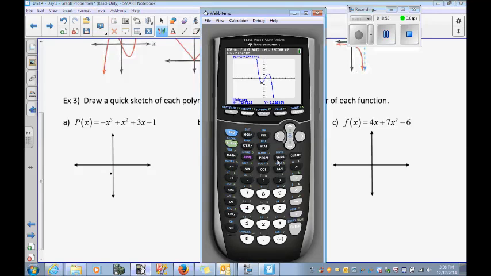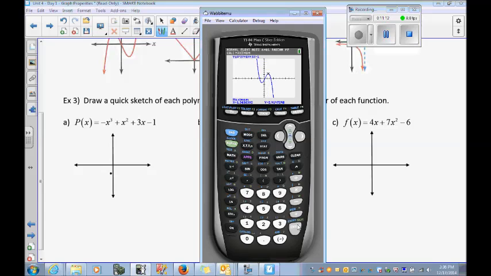Now let's look at our maximum point. Second trace, maximum, option 4. We scroll up, left bound, come over right bound, guess.